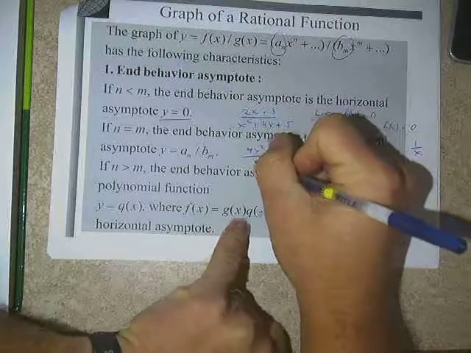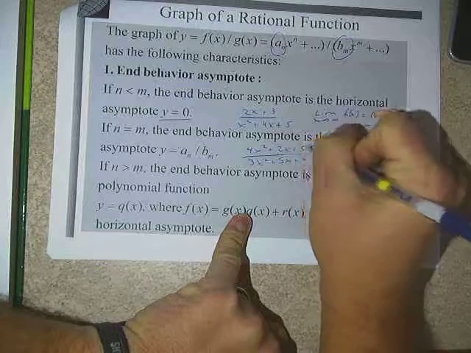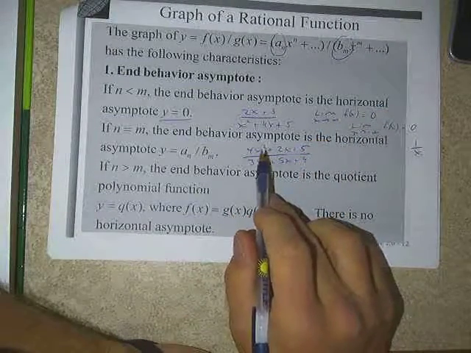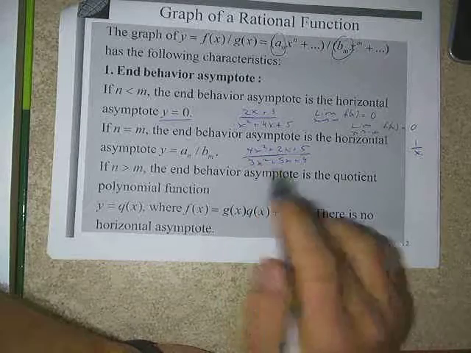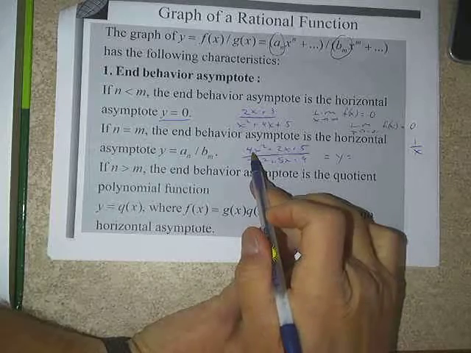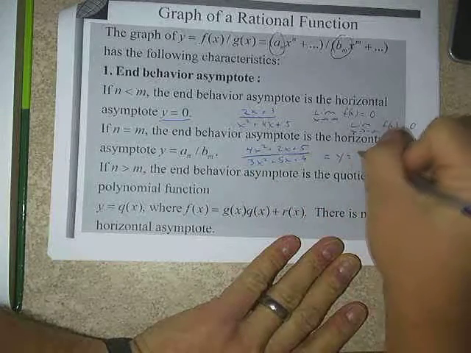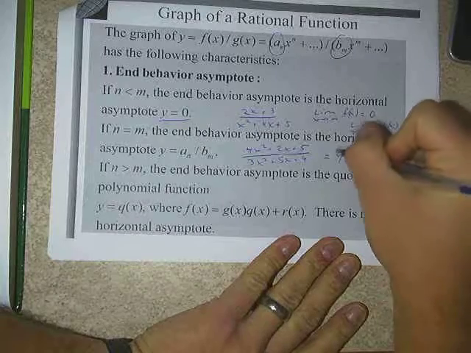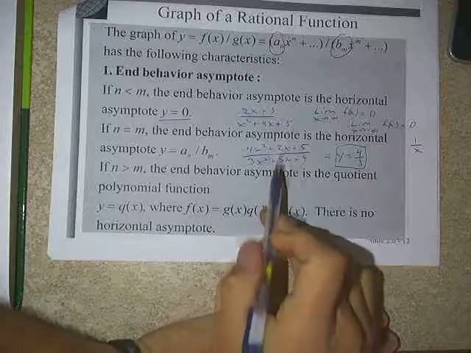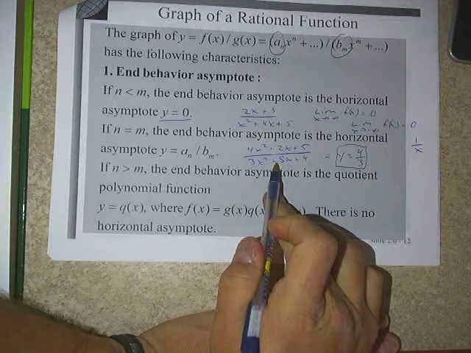So as an example, if we had something like 4x squared plus 2x plus 3 divided by 3x squared plus 5x plus 9, we would recognize that the degrees are the same. The n and the m are both 2 in this case, and therefore this one is going to behave like y equals the leading coefficient of the top divided by the leading coefficient of the bottom. So the horizontal asymptote in this case is going to be y equals 4/3.